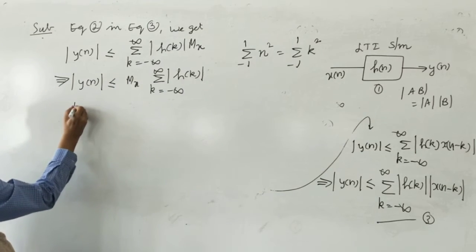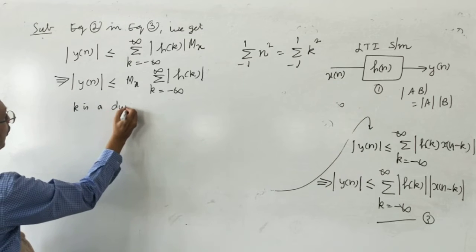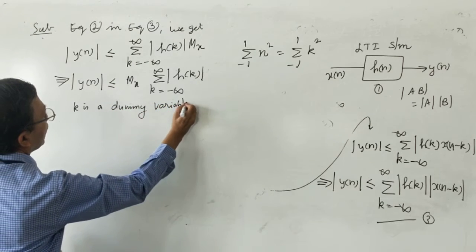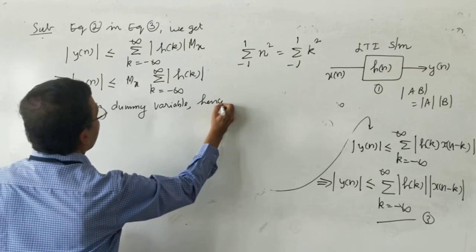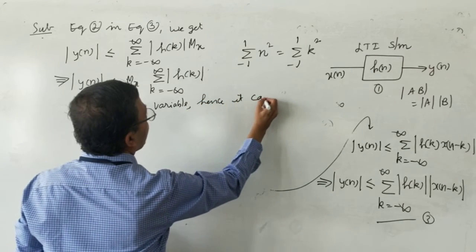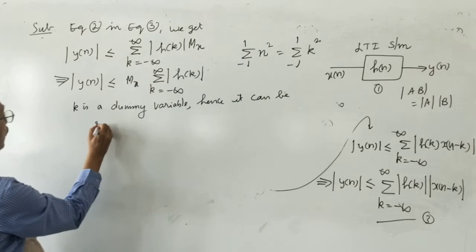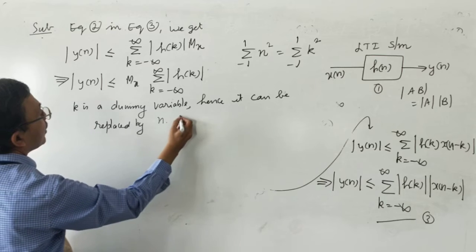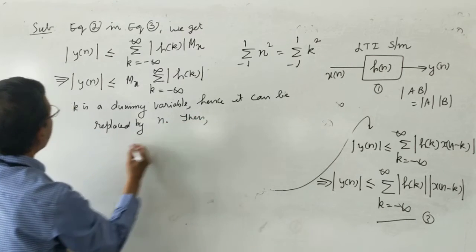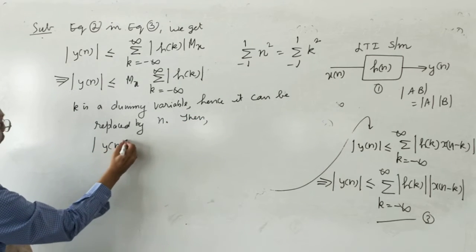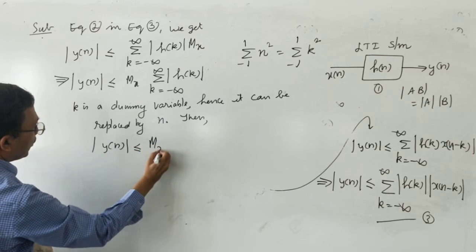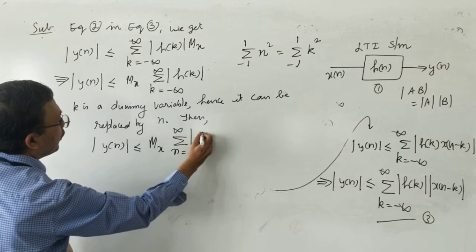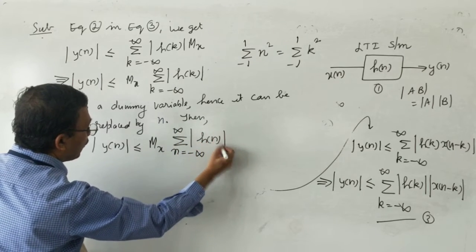I am going to say k is a dummy variable. Hence, it can be replaced by n. Then magnitude of y of n less than or equal to Mx into summation n equals -infinity to +infinity magnitude of h of n.